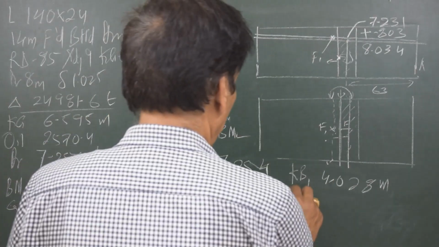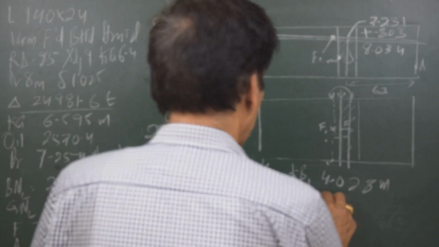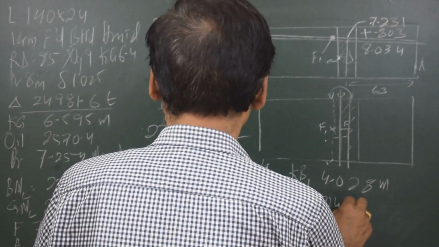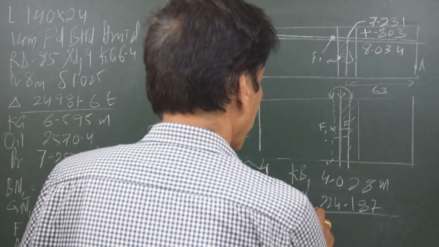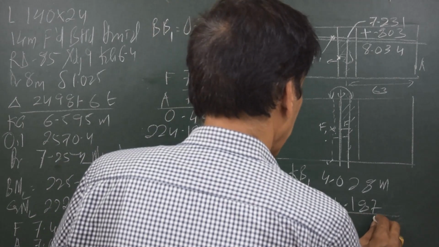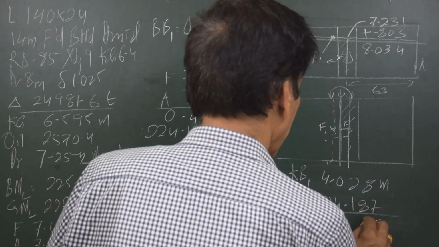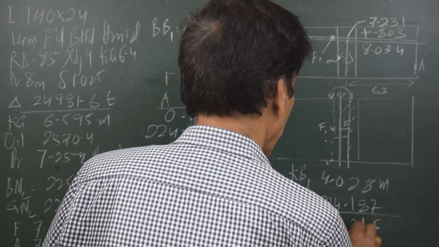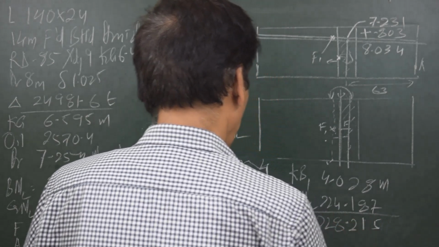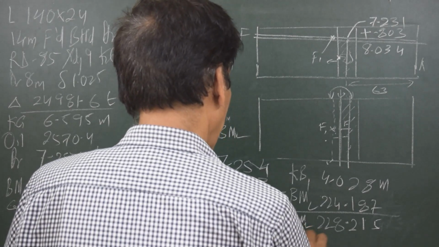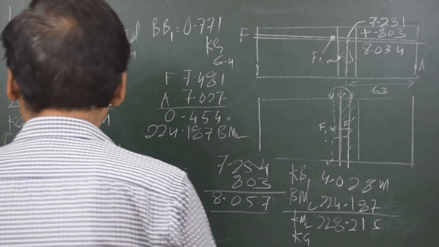Now BML is 224.187. So KML will be 228.215, and from this I remove the KG.